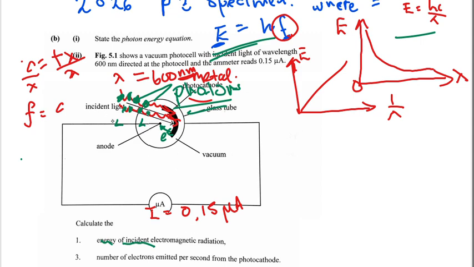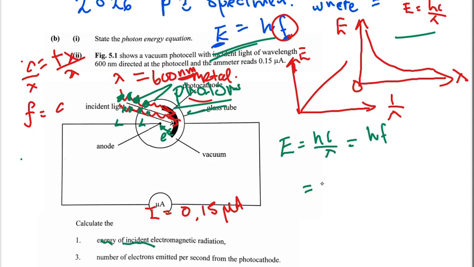Our first question is to calculate the energy of the incident electromagnetic radiation. We use the formula E is equal to hc over lambda, or E is equal to hf. It is much easier and more direct to use this one.